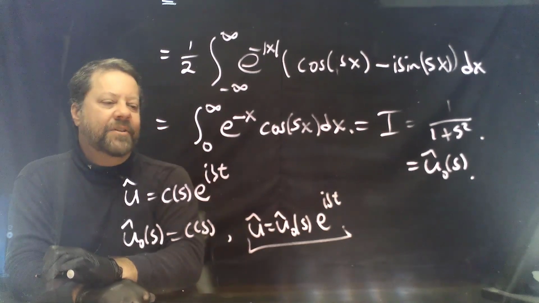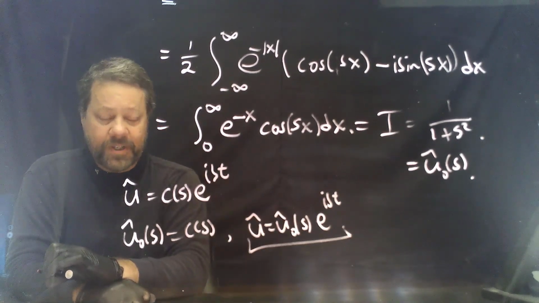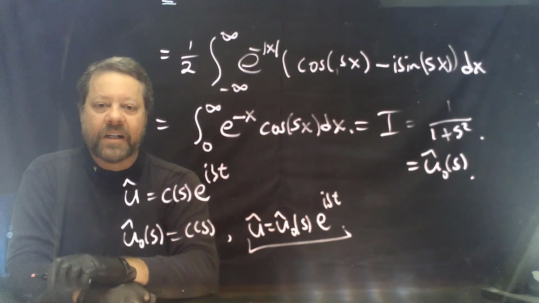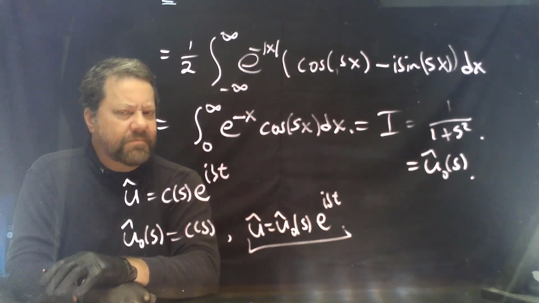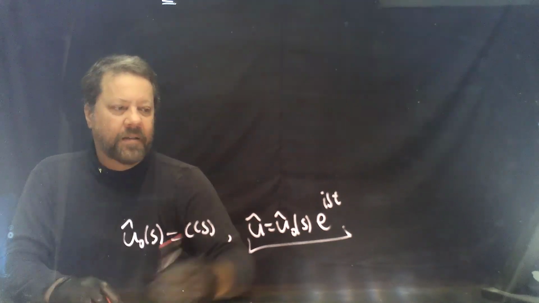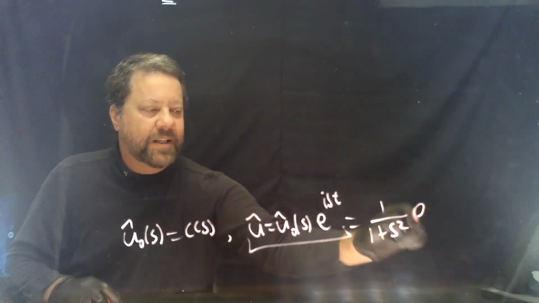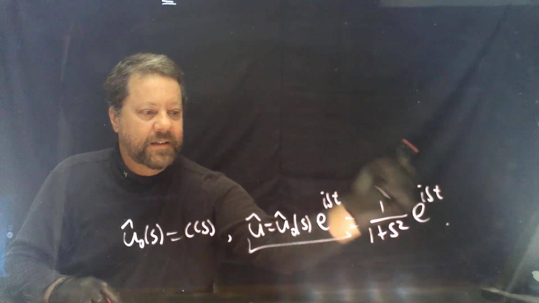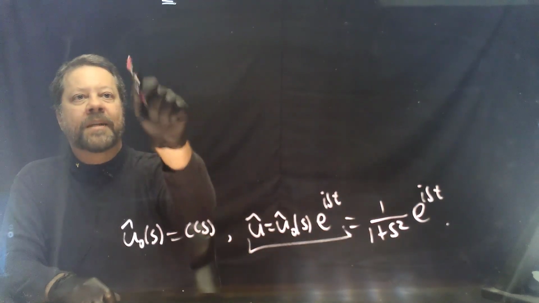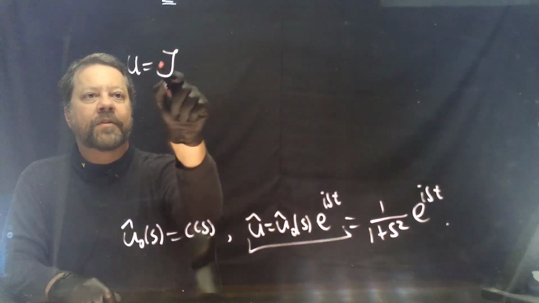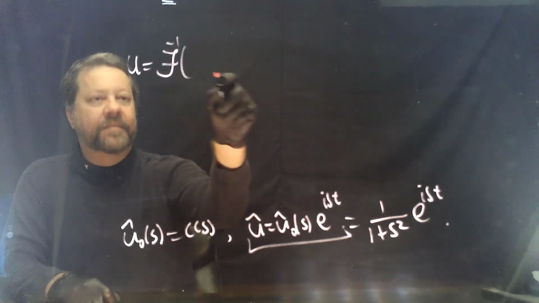All we have to do now is undo the Fourier transform in order to recover u, which looks like it should be pretty easy to do this time. We have 1 over 1 plus s squared e to the ist, which means that u is going to be the inverse Fourier transform of all of that.